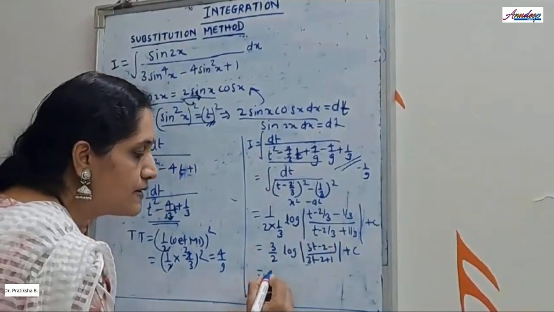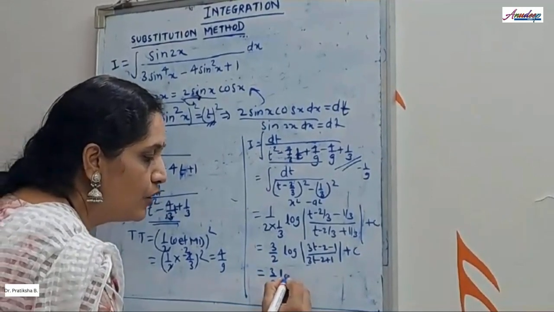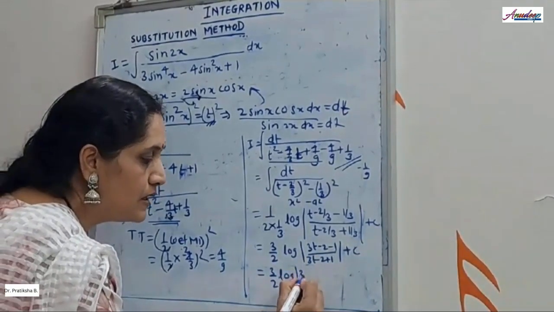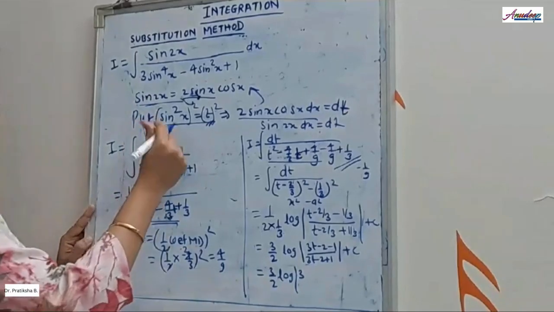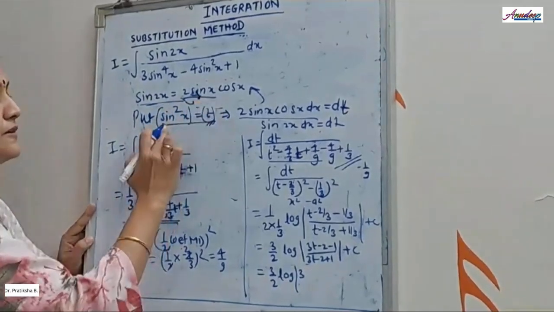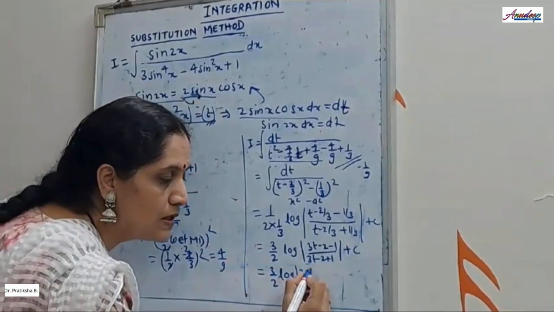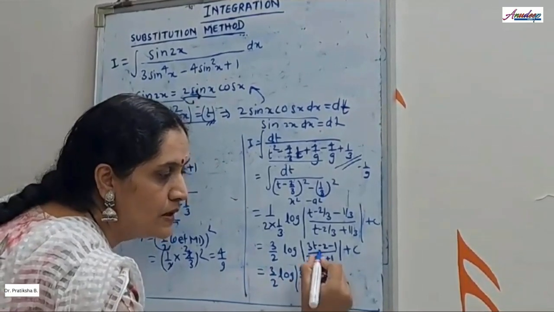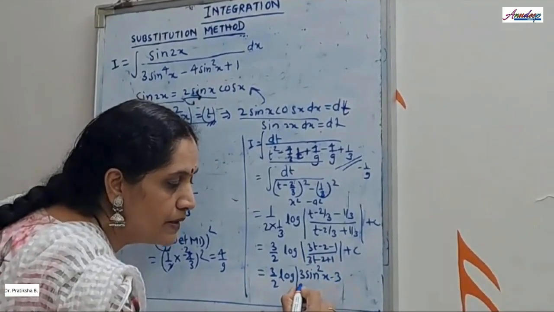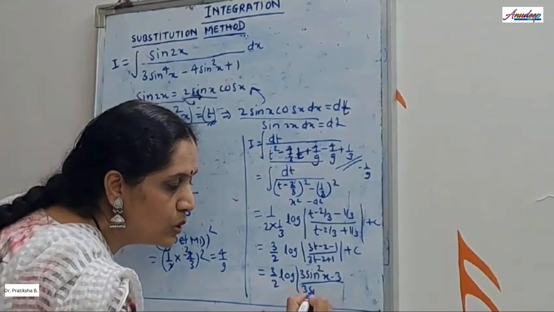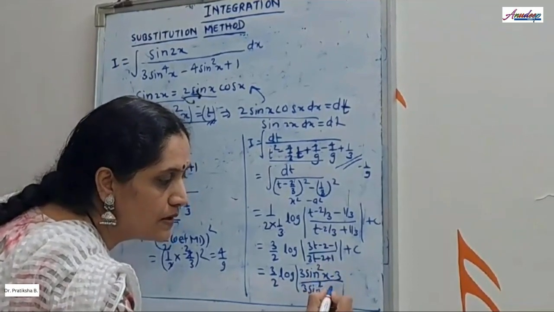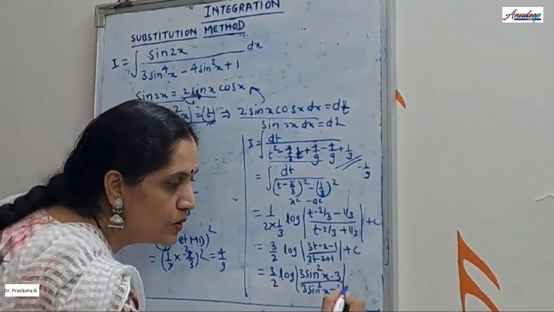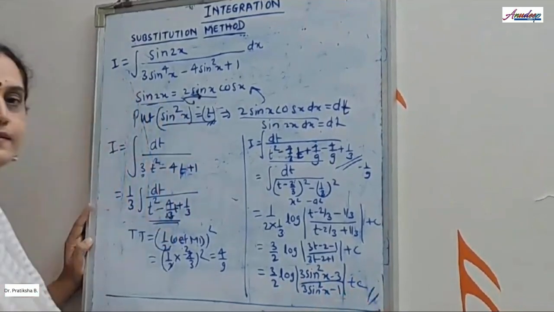So for the final answer, I can resubstitute the value of t. What was t? It was nothing but sine square x. So it is 3 into sine square x minus 2 minus 1 upon 3 into sine square x minus 2 plus 1, and that is the final answer.